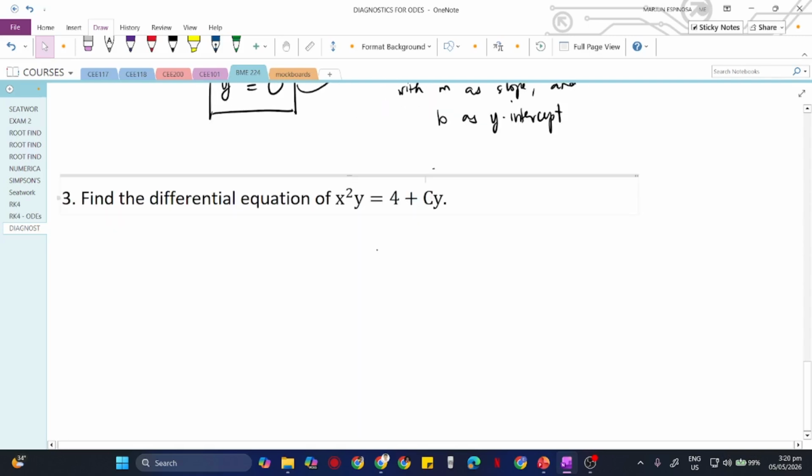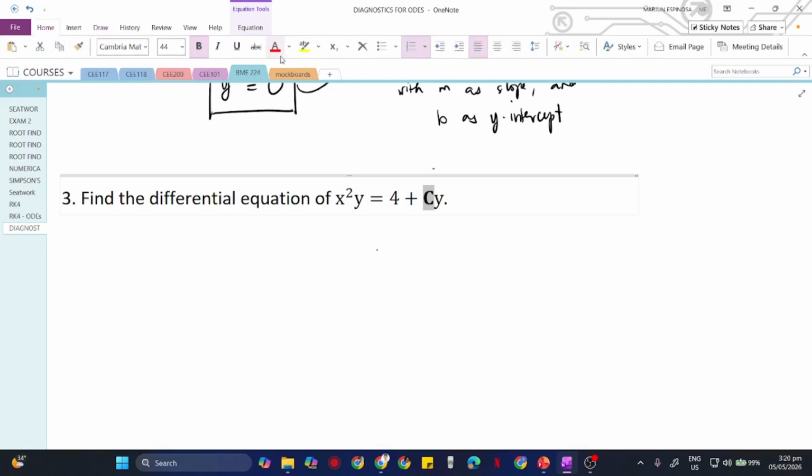That is only a representation that there is a constant there. So, to find the differential equation of the given equation, we need to eliminate this c. To eliminate that c, we need to isolate that c.